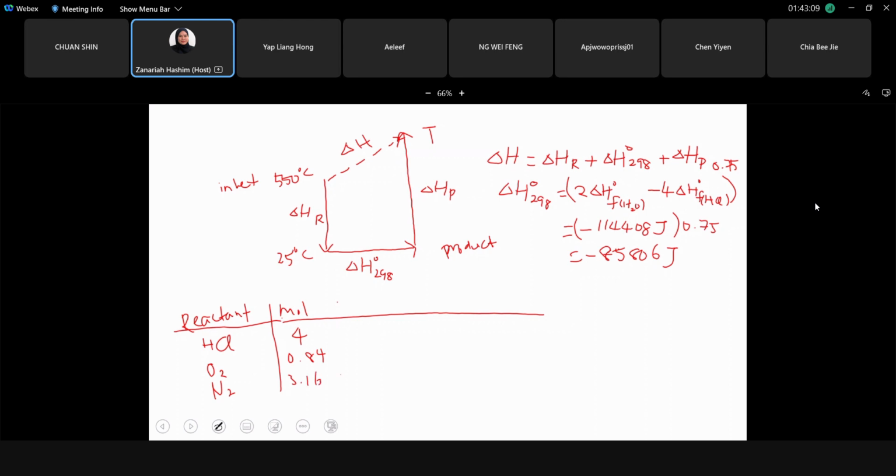Then you can list out A, B, C, and D. You have to take A, B, C, D from the appendix.